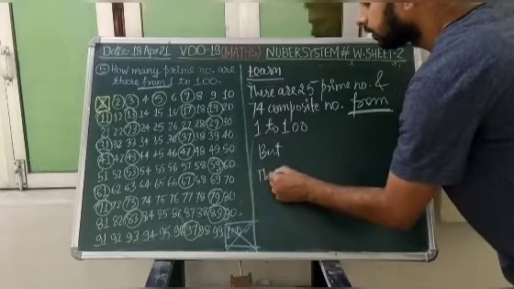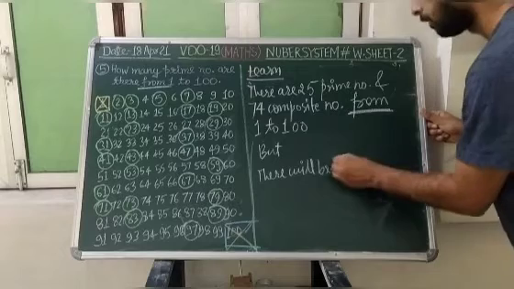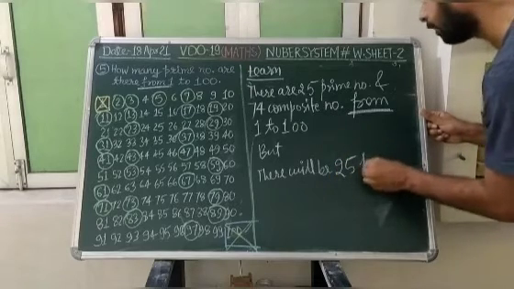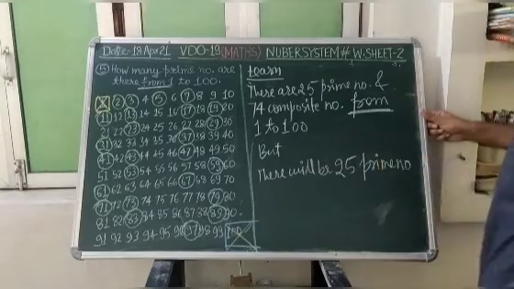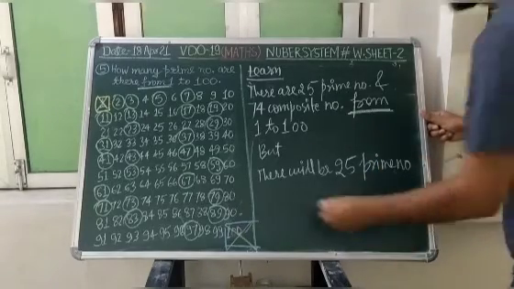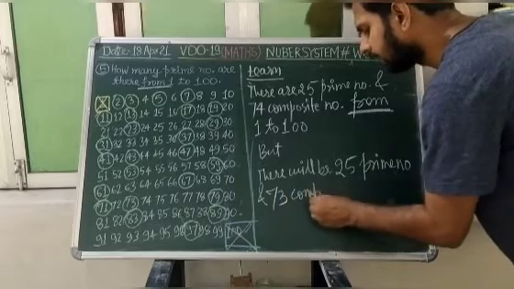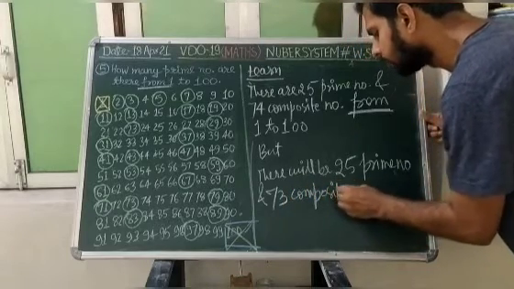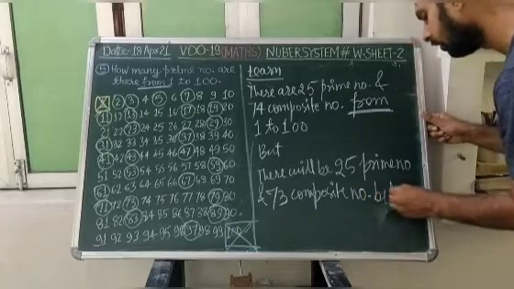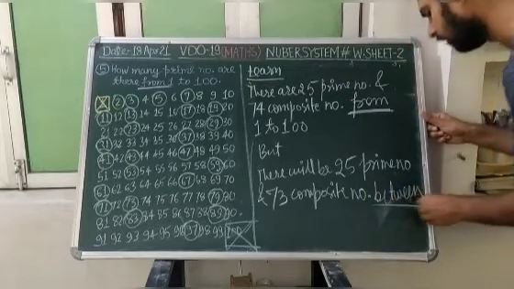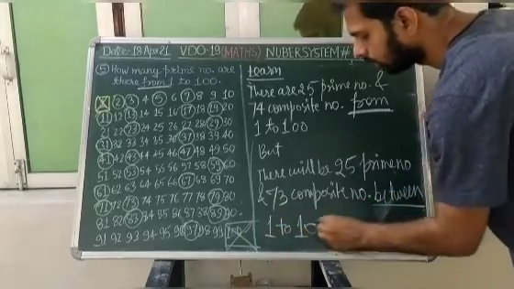But the prime number count will not change: 25 prime numbers and 73 composite numbers between 1 to 100.